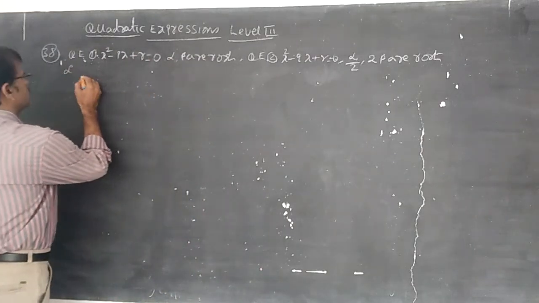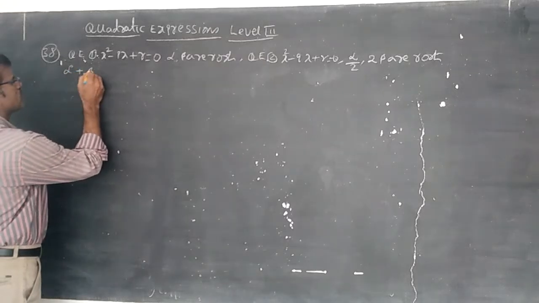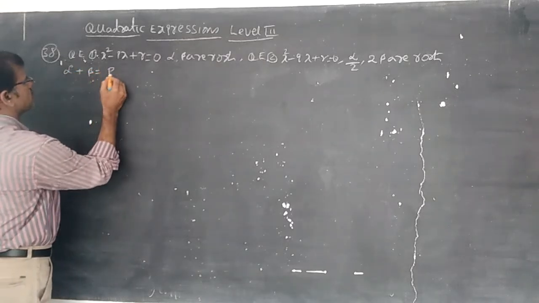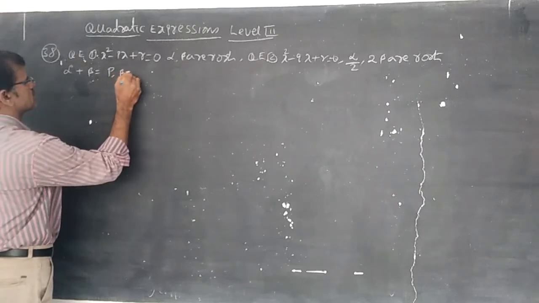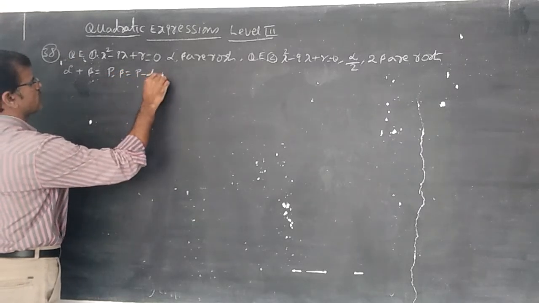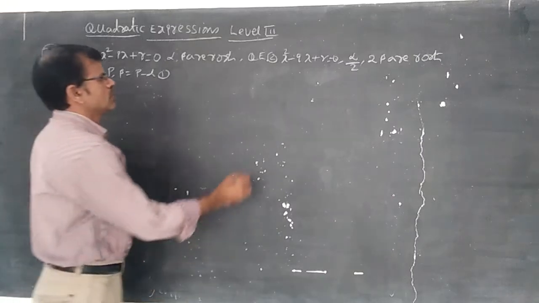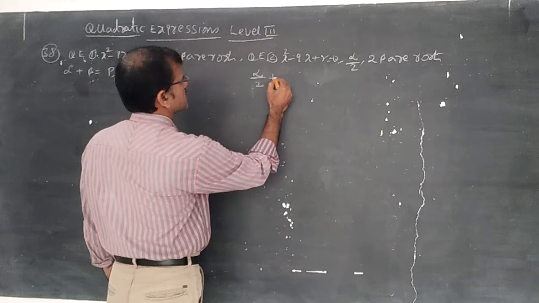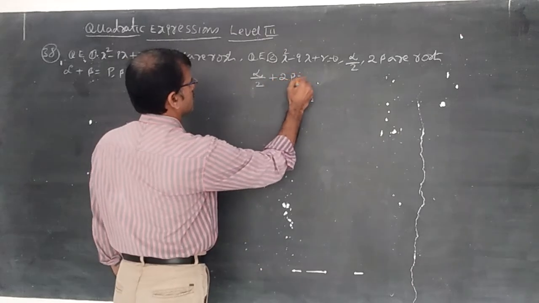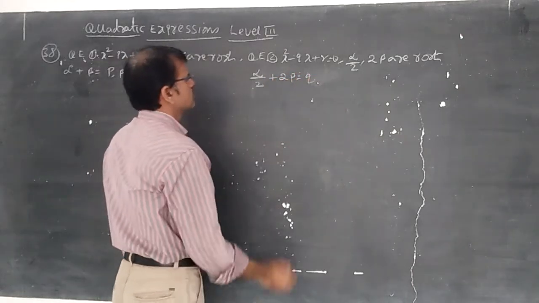Since alpha, beta are roots here, alpha plus beta is equal to p. Using this, we can write beta is equal to p minus alpha. Let it be the first equation. Here, for the roots, alpha by 2 plus 2 beta is equal to q.